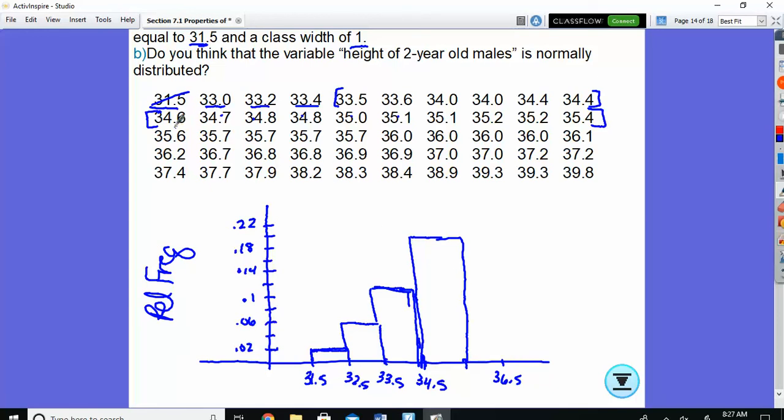Next one would go from 35.5 to 36.4. So that one has 11, 0.22.